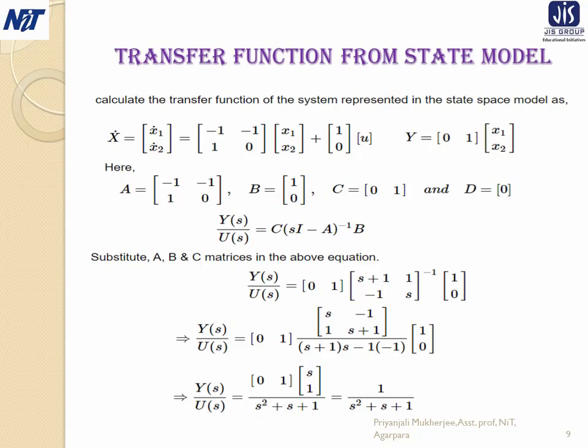So just using the formula Y(s)/U(s) = C (sI − A)^-1 B + D, and as D is equal to 0, we have eliminated the D part. So we can find out the transfer function from the state model.